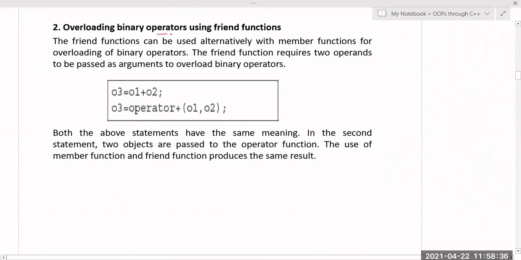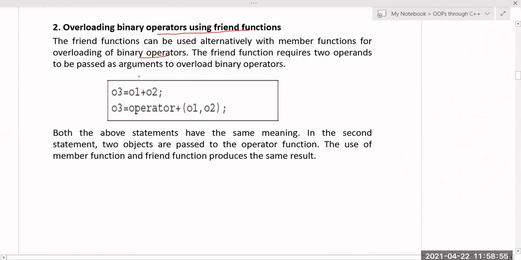But binary operator overloading and unary operator overloading can also be done using the friend function. Friend function can be used alternatively with member functions for overloading these binary operators.